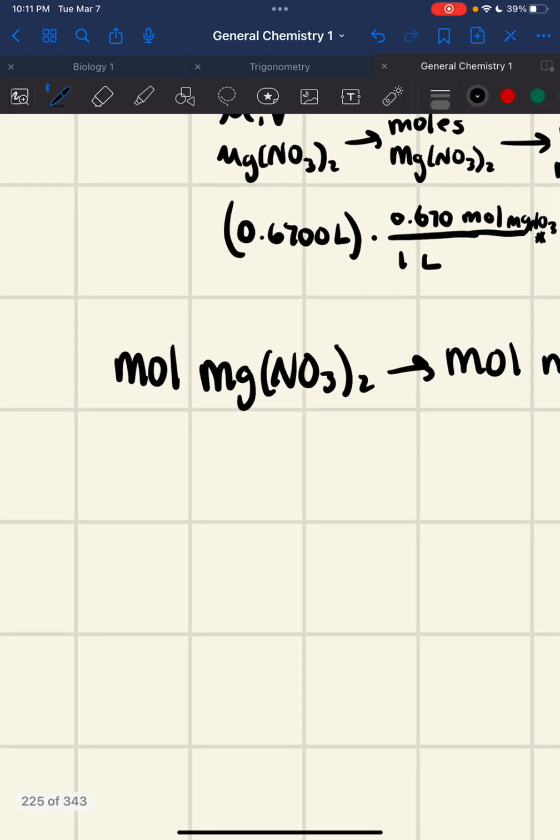And we'll do the math for that. So that's 0.4489 moles of Mg(NO3)2.